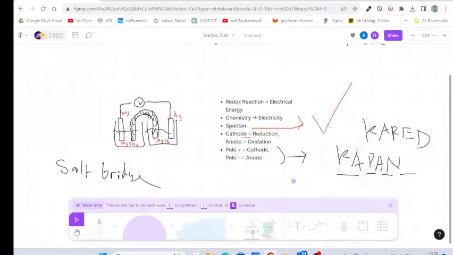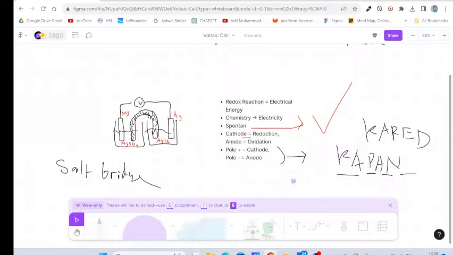Okay, and now second, magnesium. You see, it is minus 2.37 voltage, right? So what do the two reactions mean for you guys? Which one is reduction and which one is oxidation?